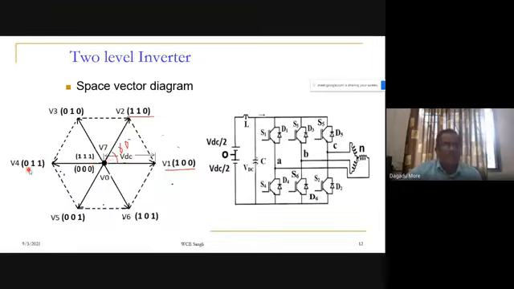Similarly, you go for the V4 state, so 011. What is meant by 0? 0 means S4, and S3 and S5: 3, 4, 5. So when this is 011, we get magnitude VDC and angle 180. Similarly, we are having 001. What is the meaning of 001? 0 is 4, 6, and 5. 4, 5, 6 you can call it.